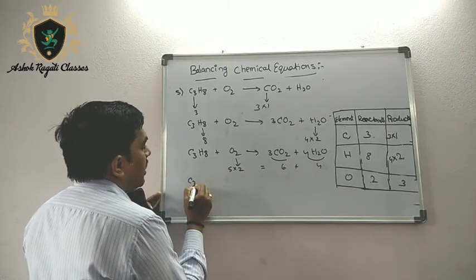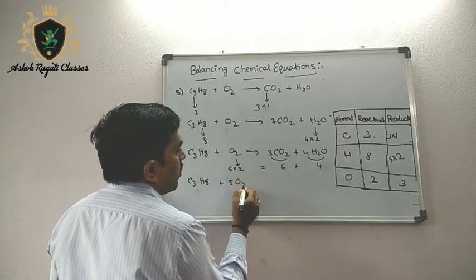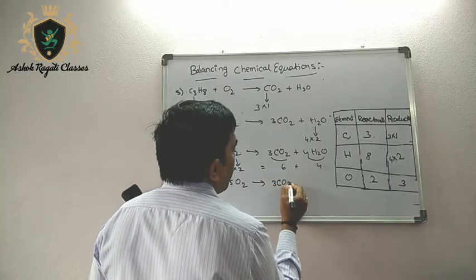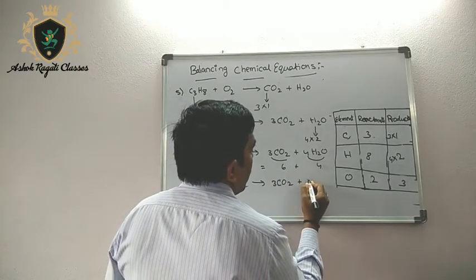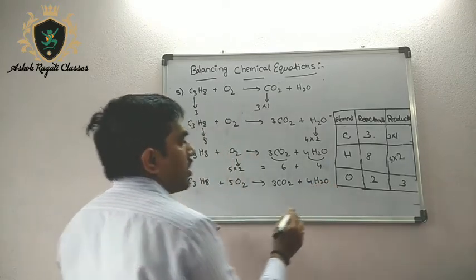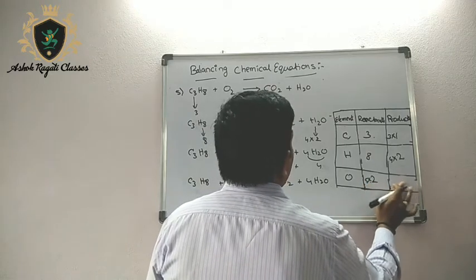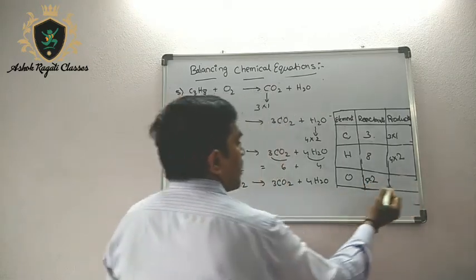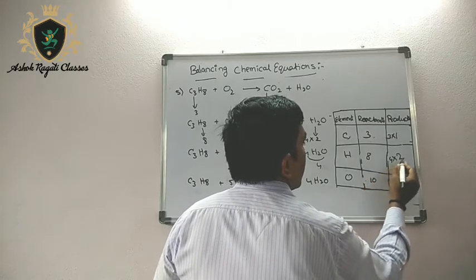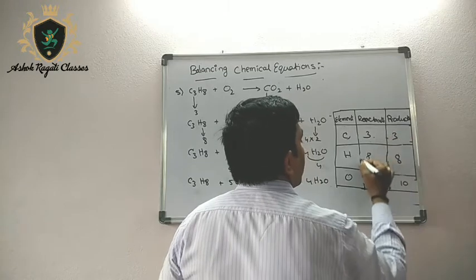So now C3H8 plus 5O2 gives rise to 3CO2 plus 4H2O. What change did you make here? By multiplying with 5. And now this is 10, this is 8, this is 3.